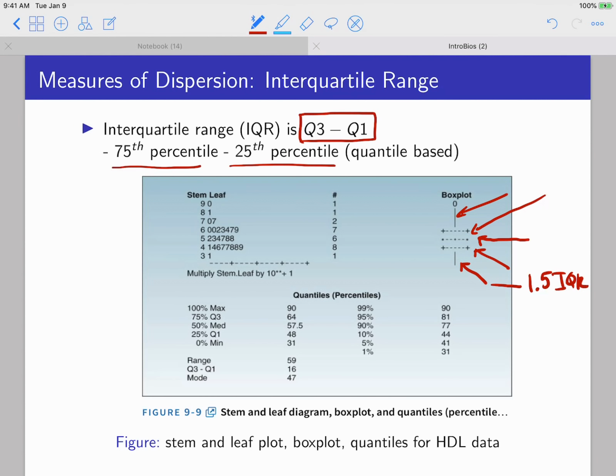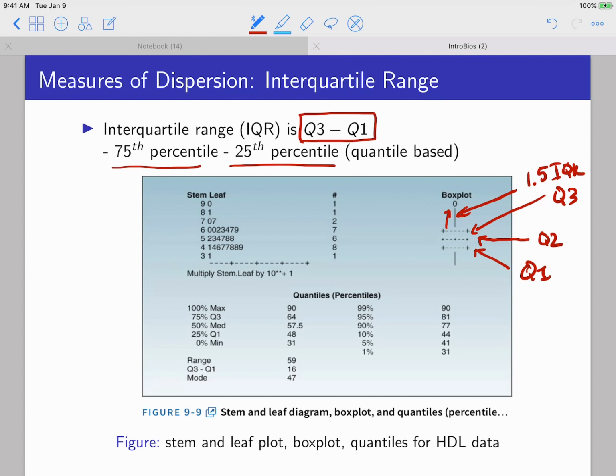The lower whisker denotes a line from Q1 all the way down to 1.5 times the IQR below it. Similarly, the upper whisker goes out to 1.5 times the IQR above Q3. So Q3, Q1, and the median, or Q2.